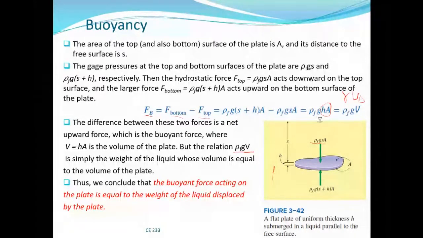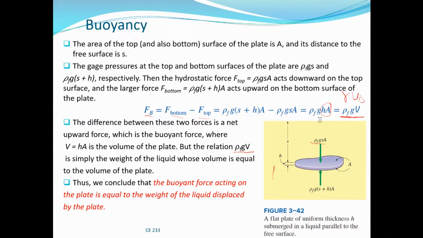What are we saying here in essence? We conclude that the buoyant force FB acting on the plate is equal to the weight of the liquid displaced by the plate, because this rho G V is the weight of the liquid displaced by the plate.